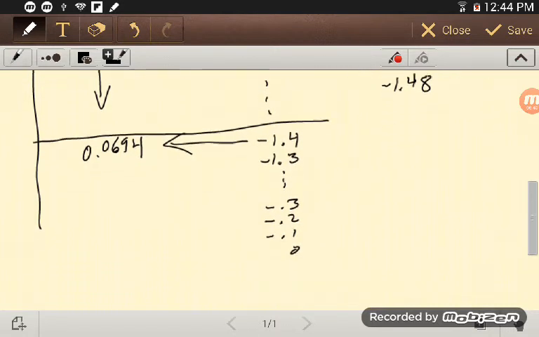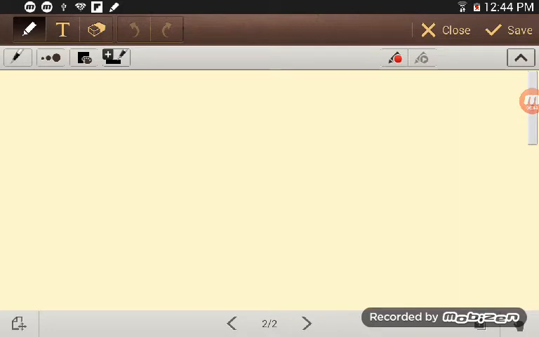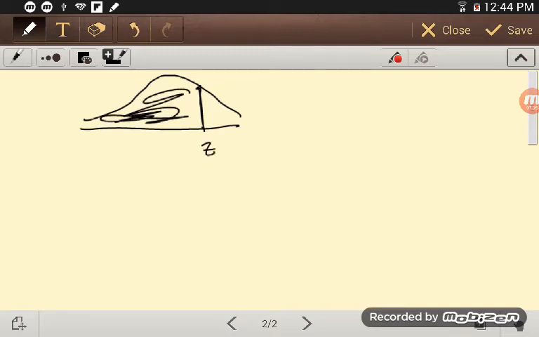Now, for the positive z, I'll probably need to go to a second page. For the positive z, it works the same way. Because it's positive numbers, the table is sort of switched, but again we've got this z and it's got this picture.